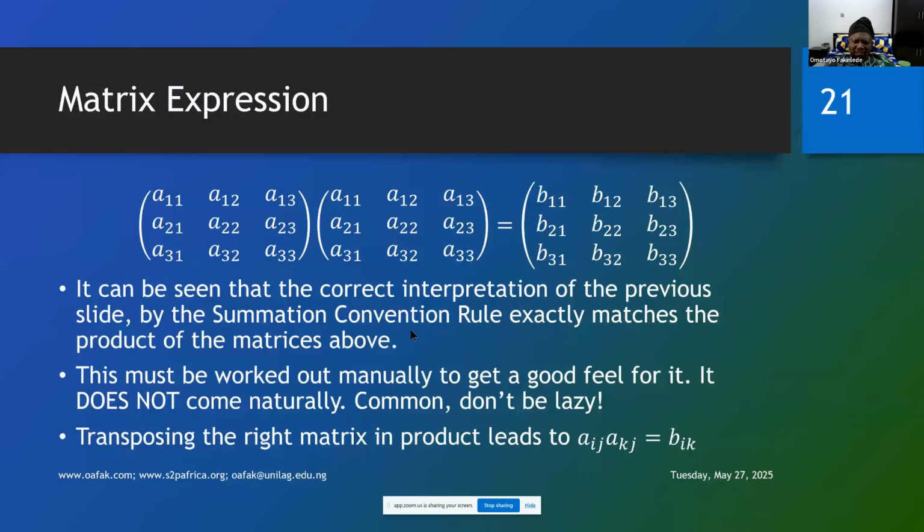It does not come naturally. Come on, don't be lazy. Transposing the right matrix in the product leads to Aij, Akj, which is what I asked you to do. And if you didn't finish it, try and finish it on your own, and you'll be able to understand it.